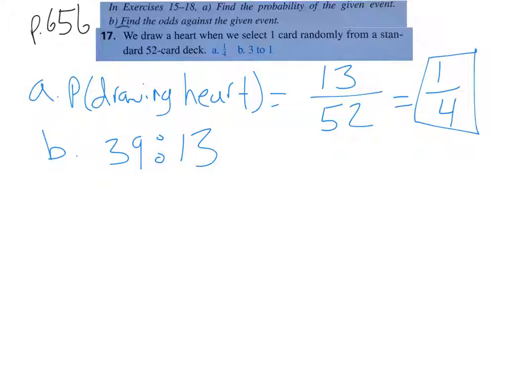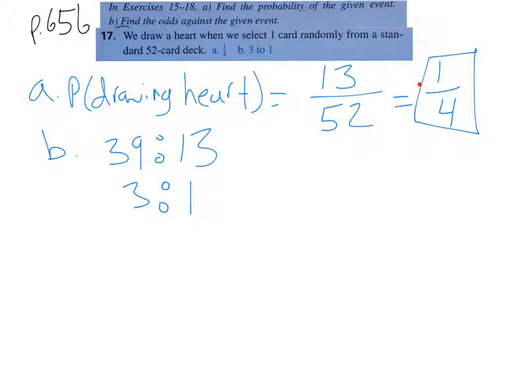Because we're looking for the number of hearts. Now the thing is, just like fractions, you want to reduce your odds if you can. You can divide 39 and 13 both by 13, and you'll get 3 to 1. Just picture that like a fraction and reduce it, and you get 3 to 1. Now, I think it makes more sense to talk about this with the raw numbers, but if you already have the probability of your event and then you want the odds, notice over here we got a simplified probability of 1/4.